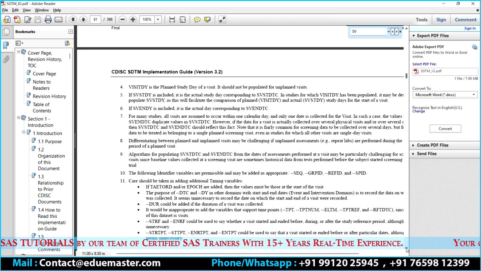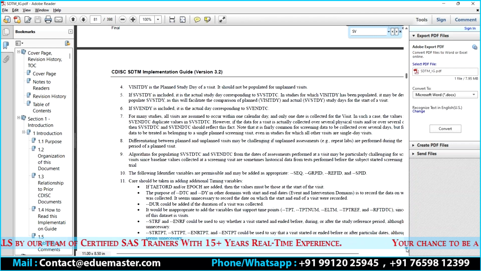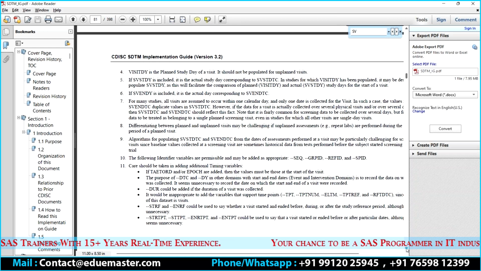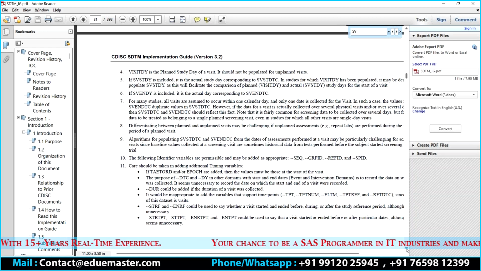Yeah, but actually, when we see the data, the visits are as per the sites which are involved in the study. So the bifurcation of the site, because there is sorting which we do on TAETORD.